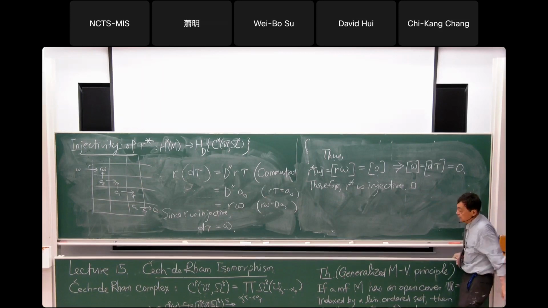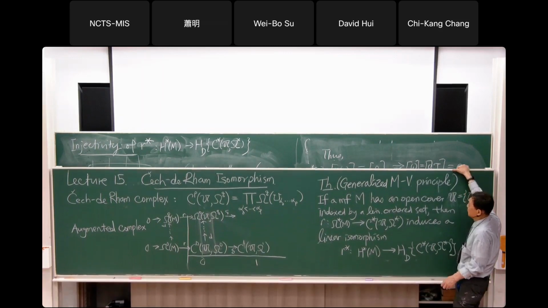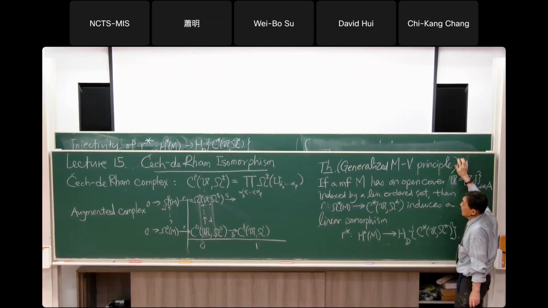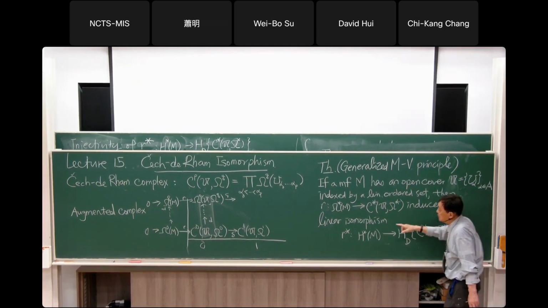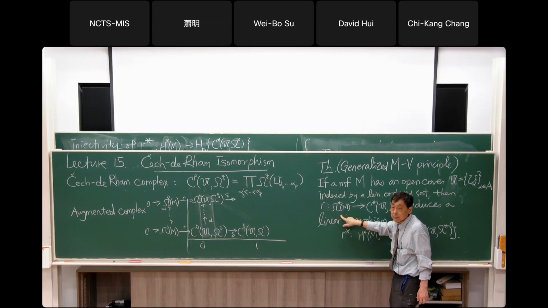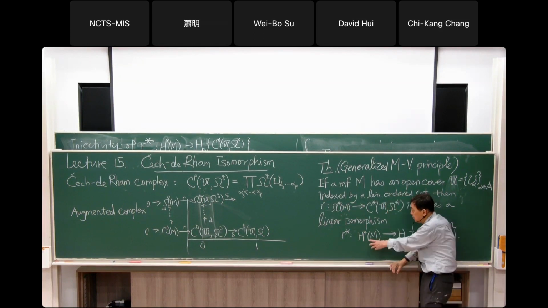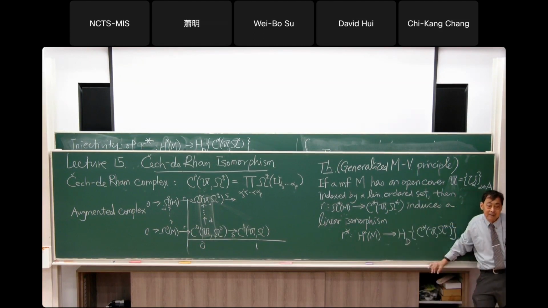So this proves the generalized Mayer-Vietoris principle that the restriction map from the de Rham complex to the double complex induces a linear isomorphism in cohomology. So it means that you can compute de Rham cohomology using this double complex.